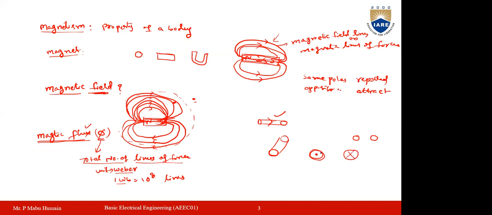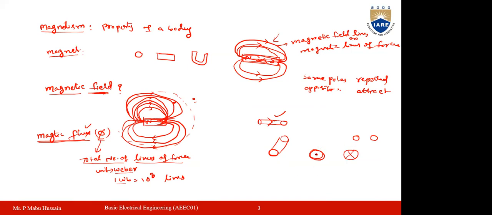So a conductor is represented with one circle. Now inside, if you have a dot, that means the current flowing in the conductor is away from the observer, that means inside the paper. Sorry, I'm taking it in the opposite way, right?